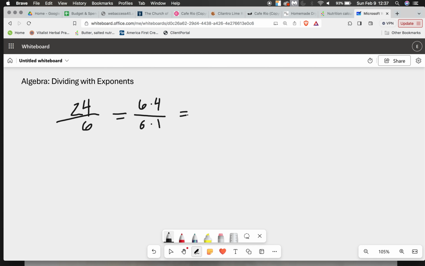We could also write down all our 6's if we wanted to. Anyway, 6 times 4. So when we're looking at doing our division, if we have written out the factors, 6 times 1 and 6 times 4, we can divide out the common factor. 6 divided by 6 is just 1, right?